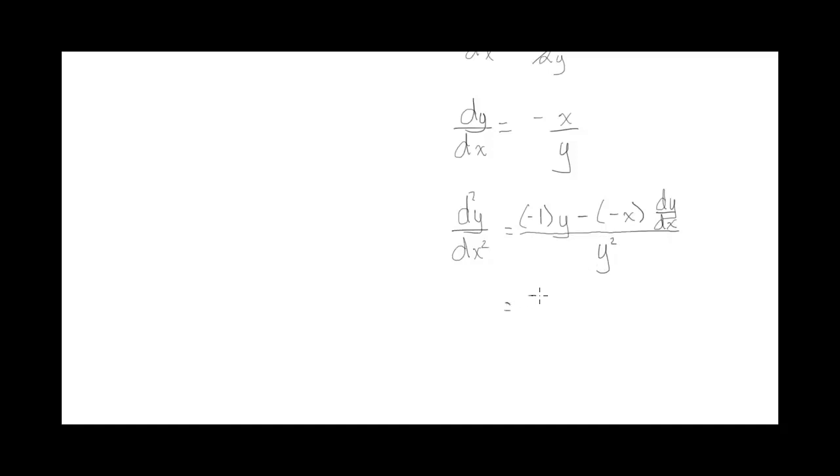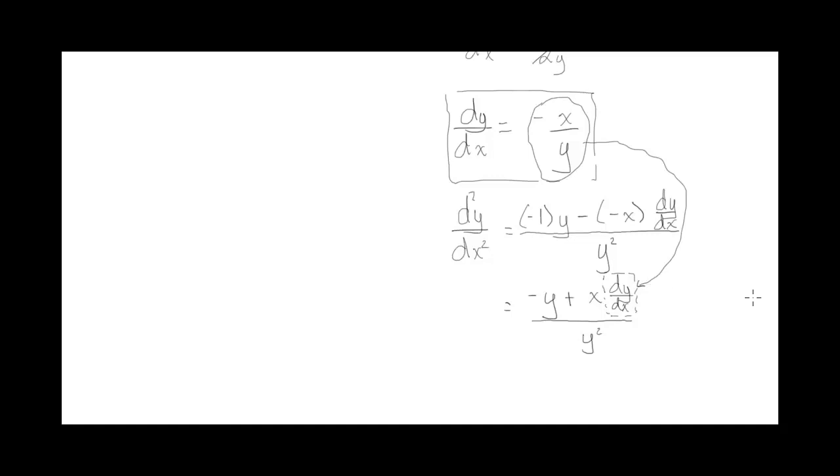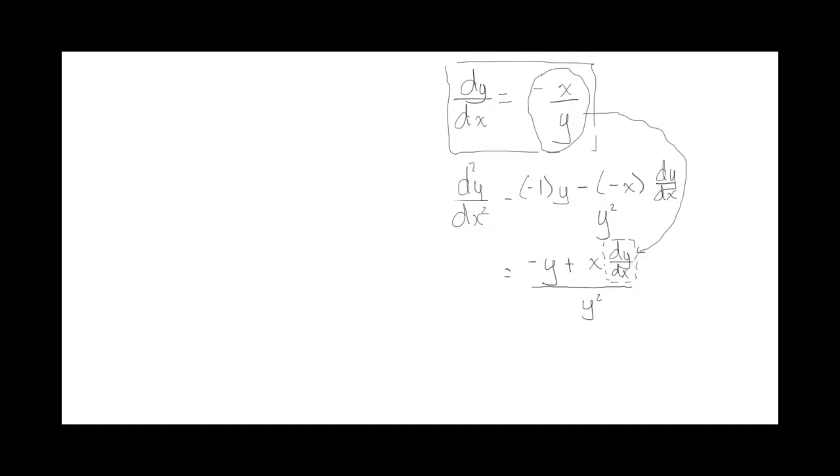So that's, what is that? It's minus y plus x dy by dx all over y squared. Now what's a little different here is you've got this dy by dx in your equation. So you're going to make a substitution. Remember up here we said dy by dx is minus x over y. So we're going to take minus x over y and substitute it in for dy dx because that's what dy dx equals.